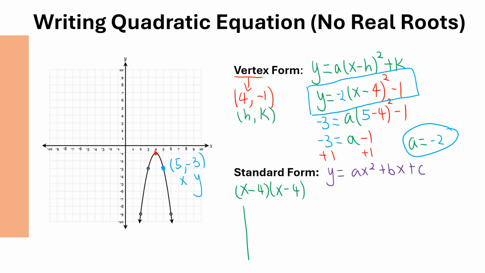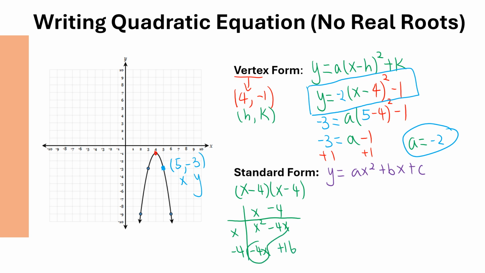So you can either use the FOIL or the table method to multiply these two binomial factors. So we have (x minus 4) times (x minus 4), which will give us x squared minus 4x minus another 4x, and then -4 times -4 is positive 16.